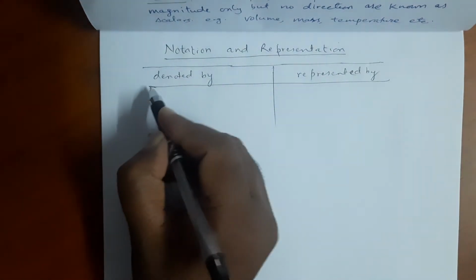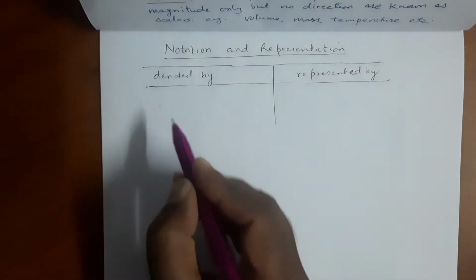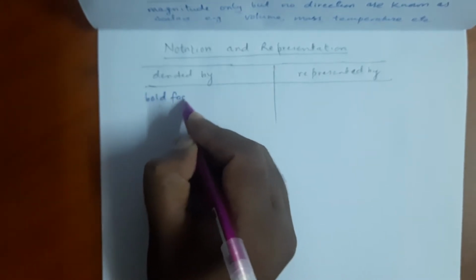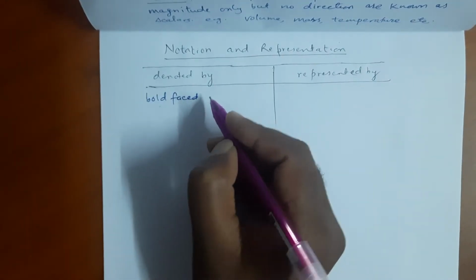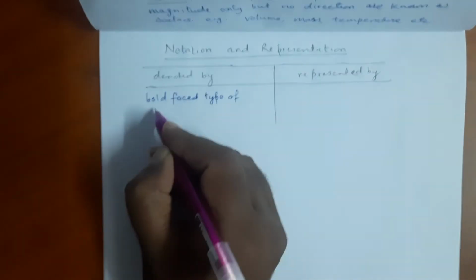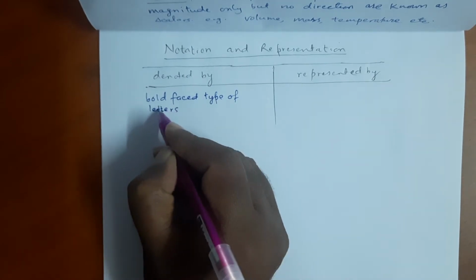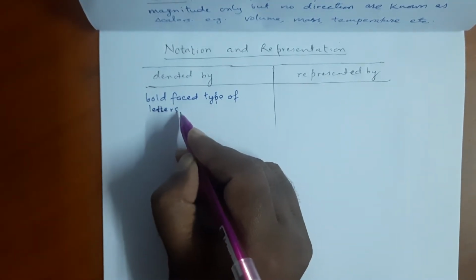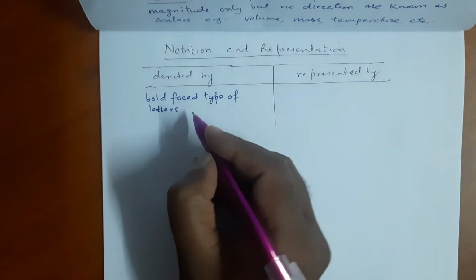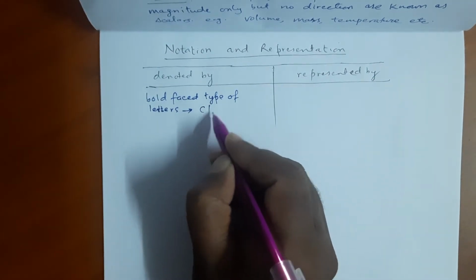Vectors are denoted by boldface type letters, and these boldface type letters are also known as Clarendon letters.